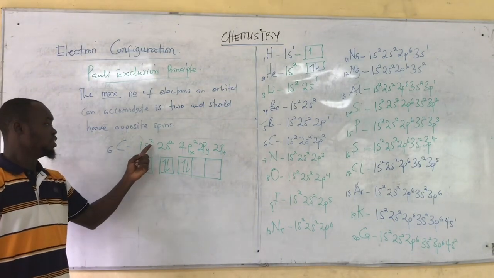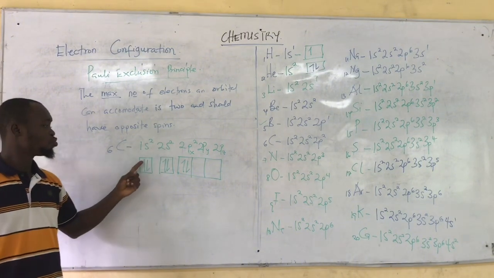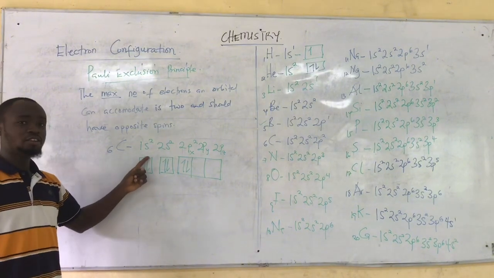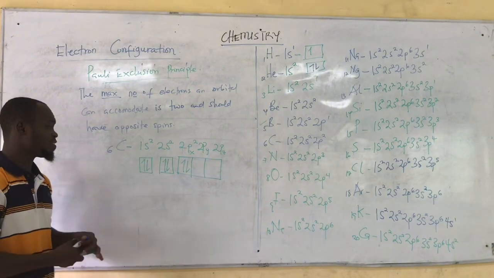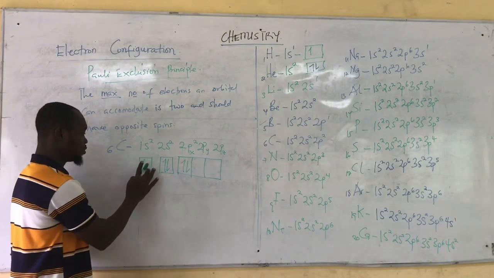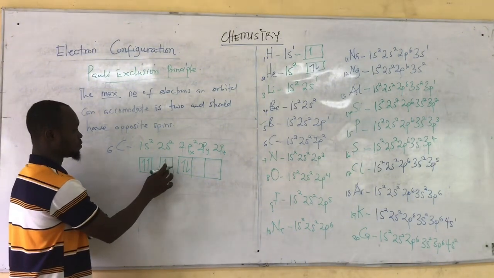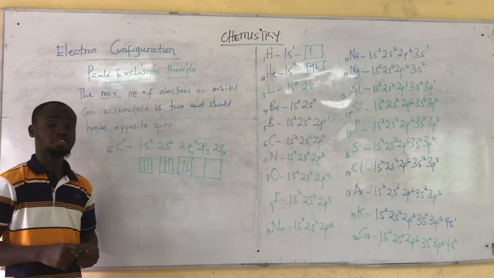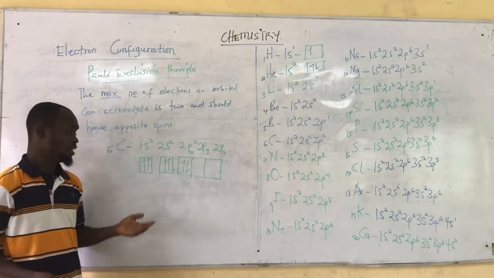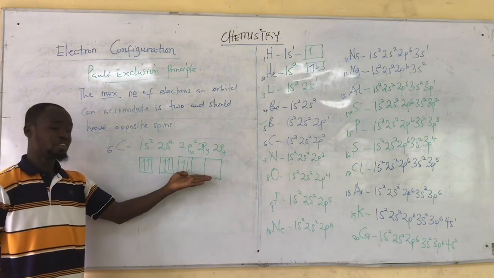Once you indicate the max number of electrons to be 2 on the orbital, you should also indicate the spin, and always the spin should be opposite. Once the spin is parallel or pointing in the same direction, you are violating Pauli's exclusion principle. In examination, they can just give you the configuration and then the spin configuration as well.